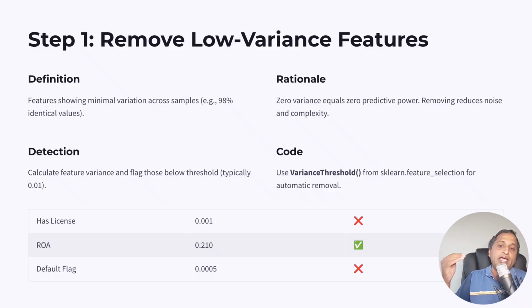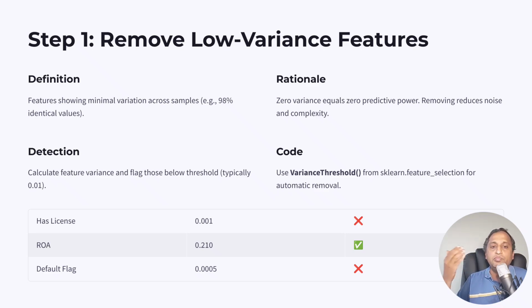So the main idea is that features that don't change much across the data set don't contribute to learning patterns, and keeping them just adds noise and complexity. To summarize, if you have 30 features and all of them are the same across every row, every data point, the model doesn't have anything to learn from these features.